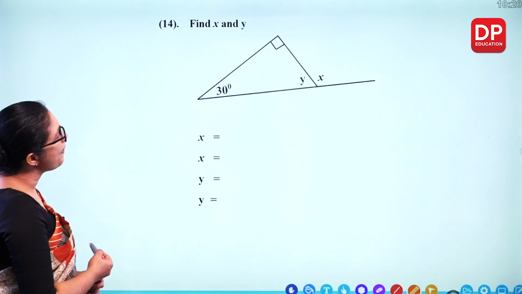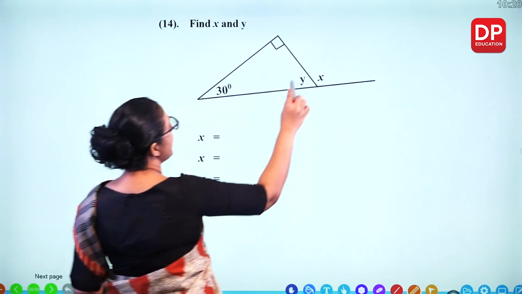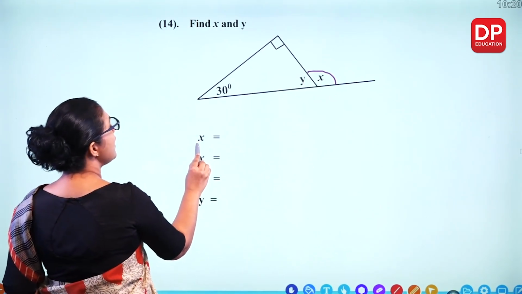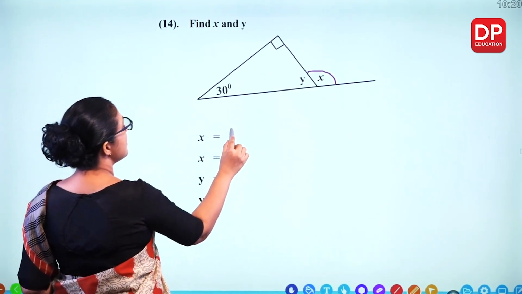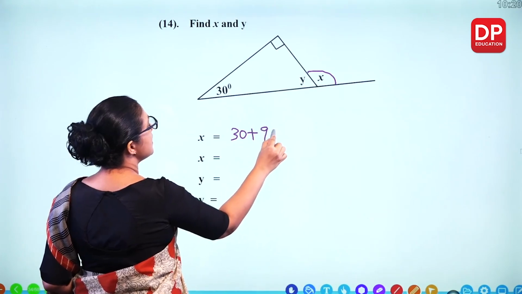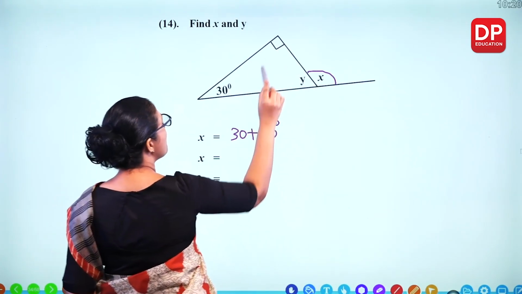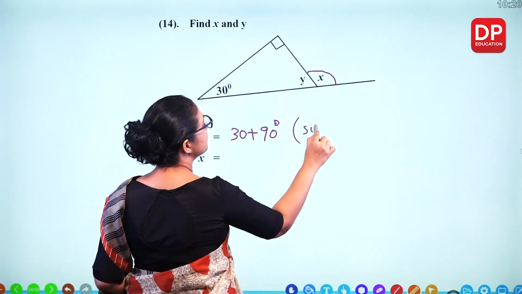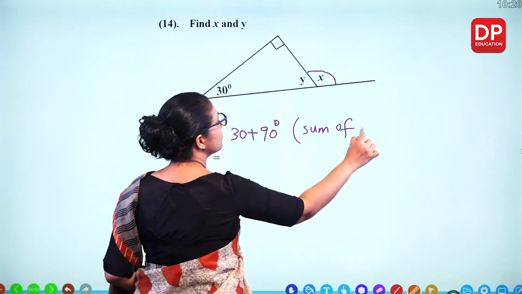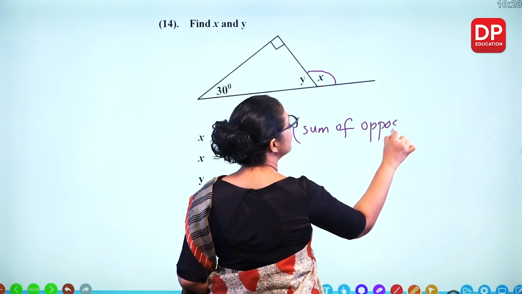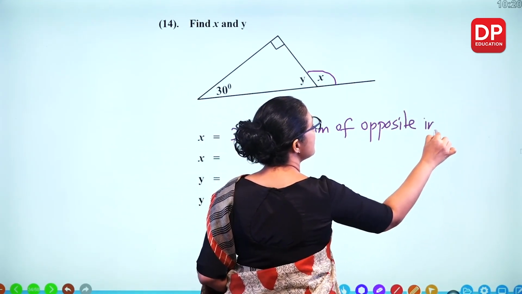Find x and y. X is the exterior angle. So straight away you can find x is 30 plus 90. Y, the sum of opposite interior angles.